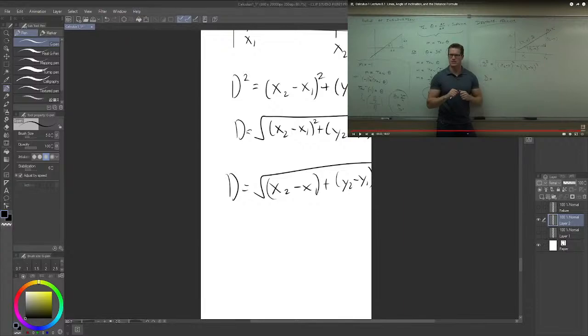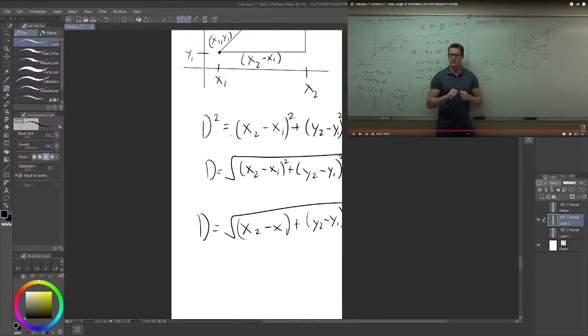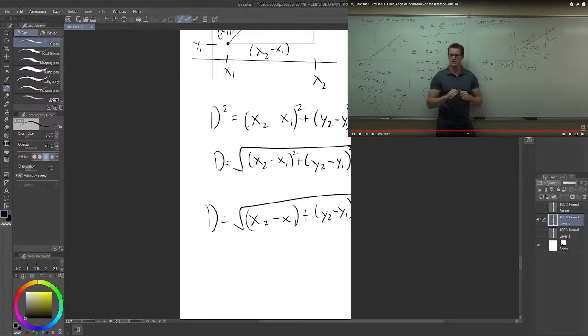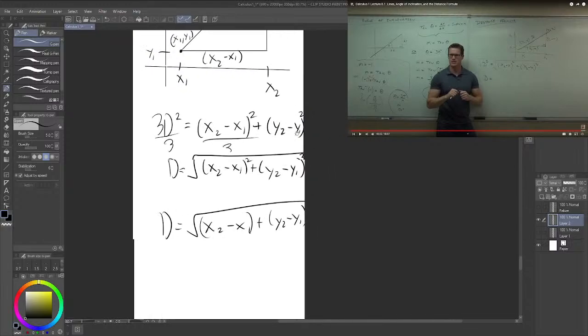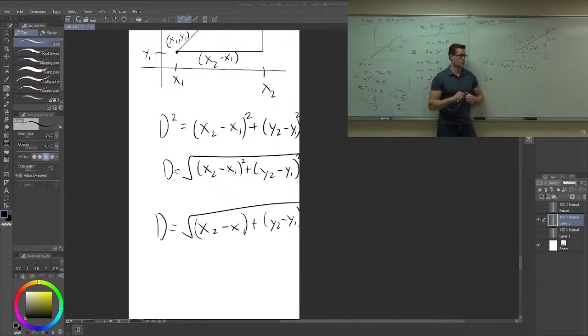Because this is d squared, so you want to do that on both terms. If there's a 3 in front, you divide by 3 on every term. Does it work that way across addition? With multiplication, sure. Addition? No way. Can't do that.